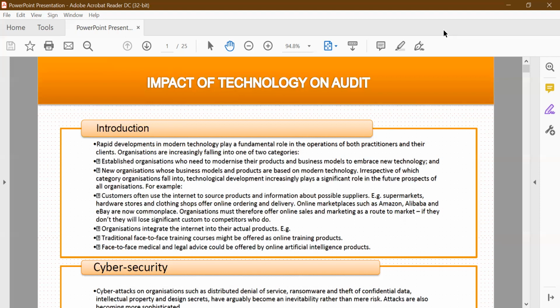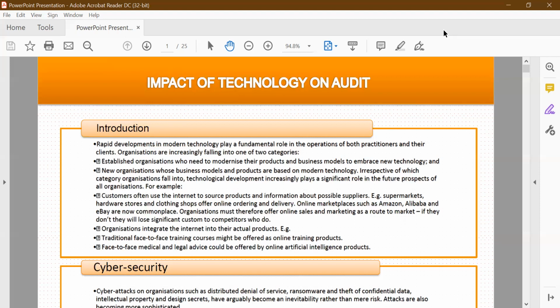So proactive organizations, like supermarkets, have introduced online deliveries because they know that customers are online searching for products.